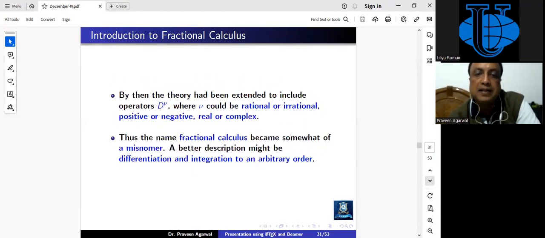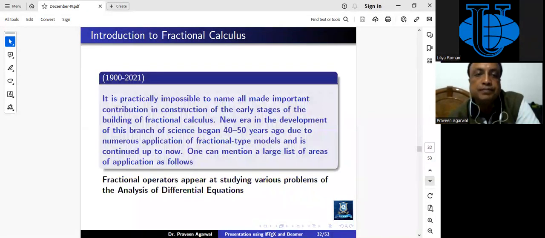By then, the theory had been extended to include the operator D to the power nu, where nu could be rational or irrational, positive or negative, real or complex. Thus, the name fractional calculus became somewhat of a misnomer. A better description might be differentiation and integration to an arbitrary order.